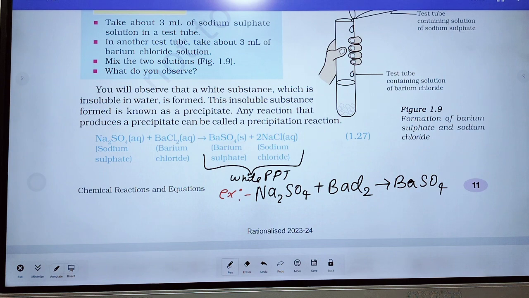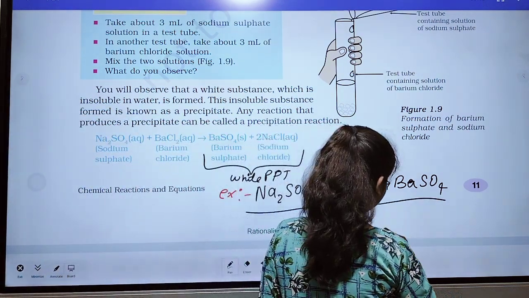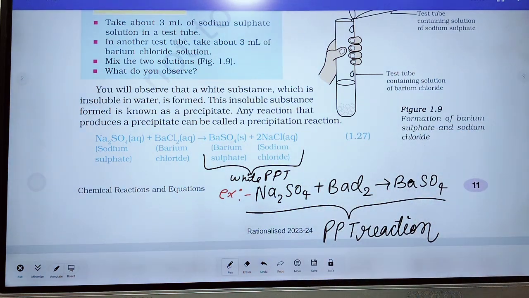This form is a PPT reaction. Okay, I hope you understand precipitate and also the precipitation and the double displacement reaction. So these are all about the types of chemical reaction.